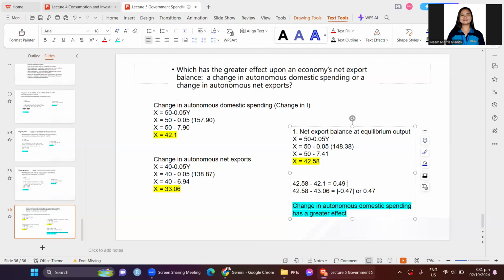That's 0.48. And then 42.58, the original net export balance at equilibrium output, you subtract the change in autonomous net export balance, that's 33.06. 42.58 minus 33.06 is 9.52.